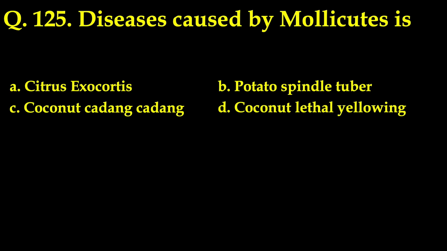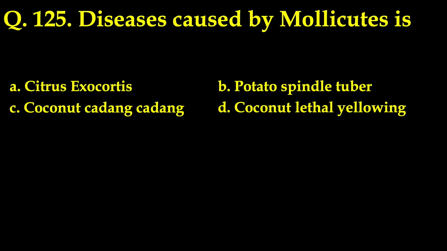Next question is on diseases caused by molecules is. There are 4 options. And out of all these 4 options, Citrus exocortis is caused by Citrus exocortis viroid. It is also known as scaly butt disease. On the other hand, potato spindle tuber disease is caused by a small, naked, single-stranded circular molecule of infectious RNA which is called a viroid.